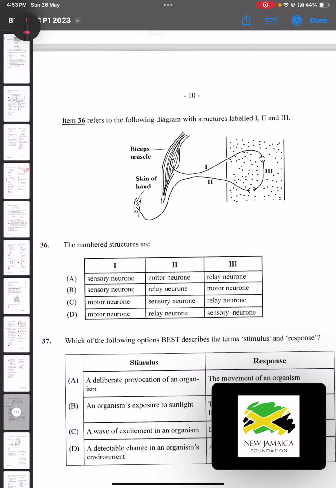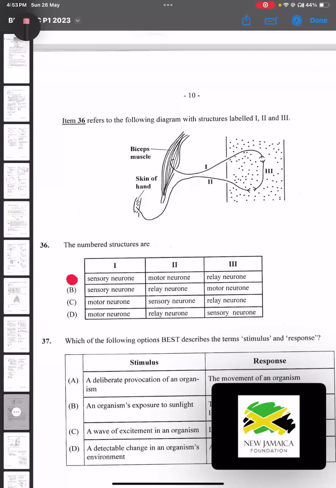So for B, you're saying that number 2 here is your relay neuron, and then this neuron, that is what you're saying for B. So our answer is A. Your sensory neuron is wherever is in the area that is, hmm, wait.